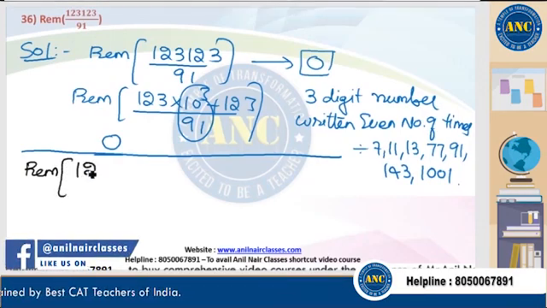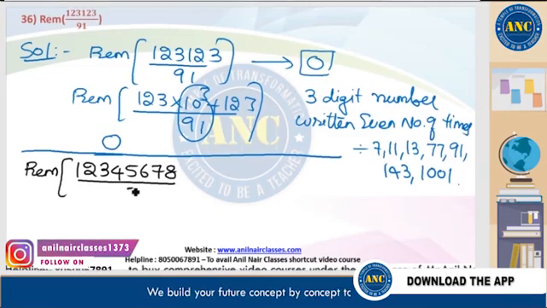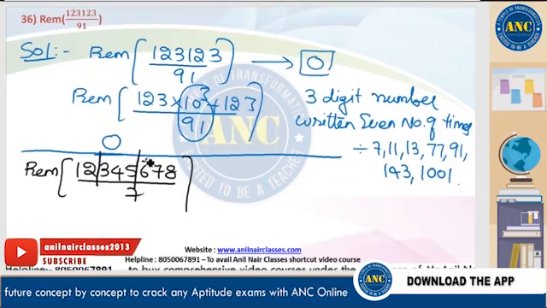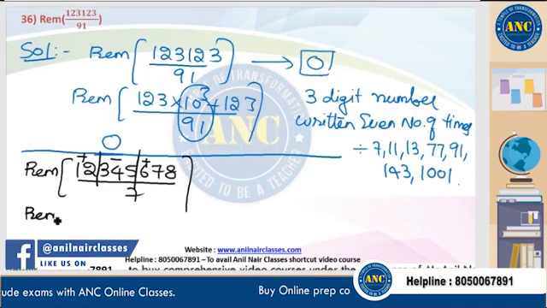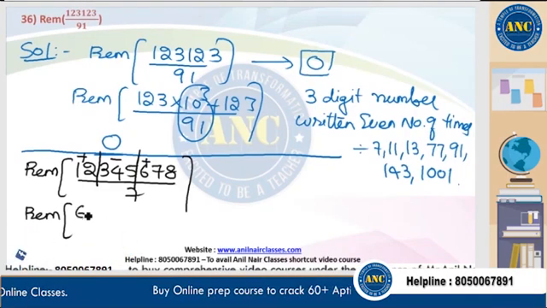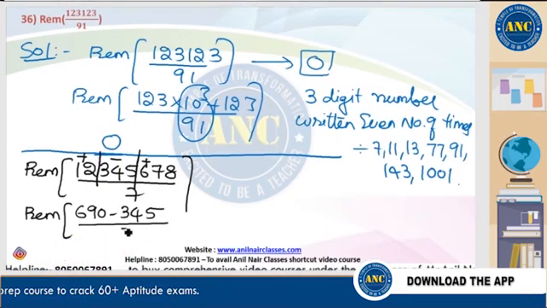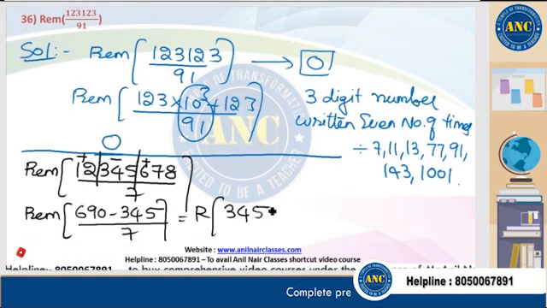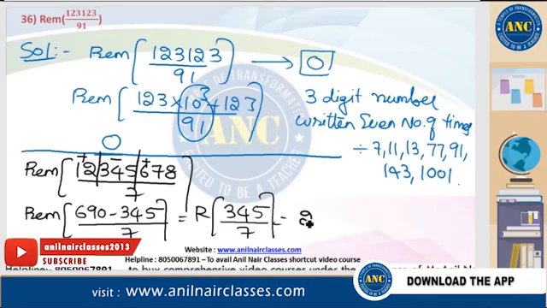1, 2, 3, 4, 5, 6, 7, 8 divided by 7. Take a group of 3 digits, alternately plus minus plus. 678 plus 12 is 690. 690 minus 345, divided by 7. Remainder of 345 divided by 7: 7 fours are 28, 65; 7 nines are 63.